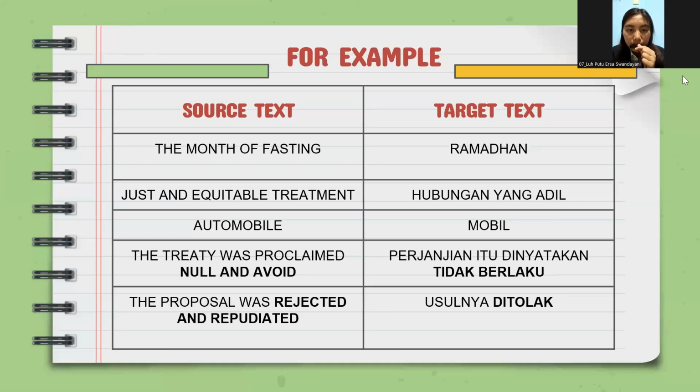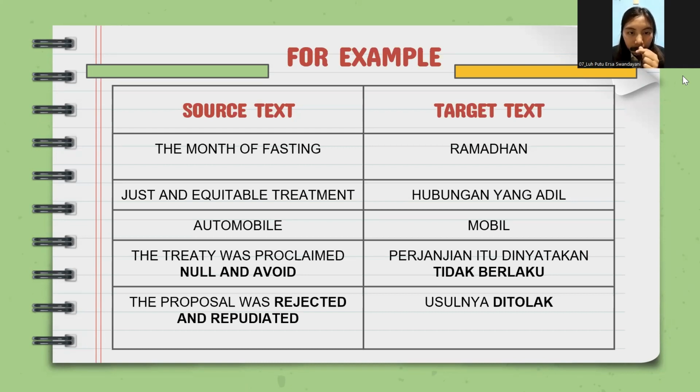There are the examples. Number one, in the source text, "the month of fasting", in the target text is "Ramadan." Number two, in the source text is "just an equitable treatment", in the target text is "hubungan yang adil." And number three, in the source text, "automobile", in the target text is "mobil."